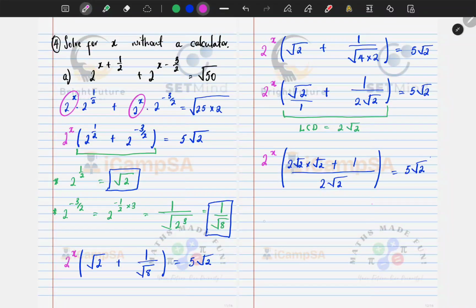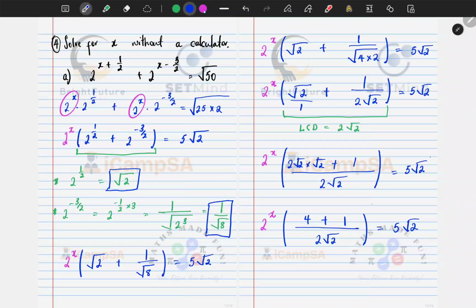So I am going to have 2 to the power of x, and then here, 2 root 2 times 2 root 2 is going to be 2, and 2 times 2 is going to be 4. So I am going to be left with 2 root 2 and 4 plus 1 equals your 5 root 2.